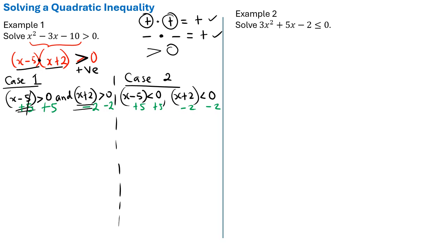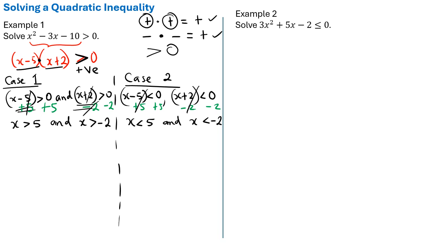So cross this out: you have x greater than 5. And here, you get x is greater than negative 2. In case 2, you're going to have x is less than 5, and x is less than negative 2.